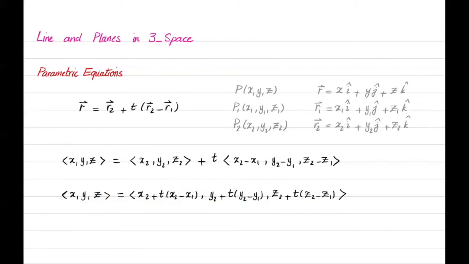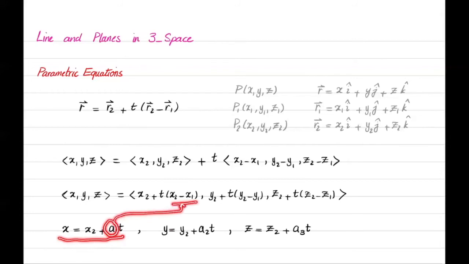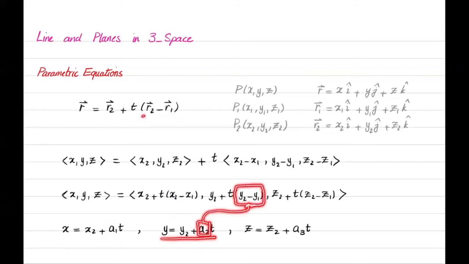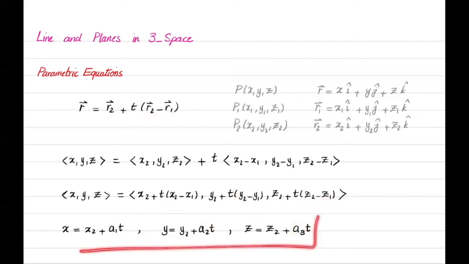By equating the components, we will have x equals x2 plus a1t, where a1 is the first component of vector A, where vector A was R2 minus R1. Then y will be equal to y2 plus a2 times t, where a2 is the second component of vector A, and z is equal to z2 plus a3t, where a3 is the third component of the vector A. These equations are called parametric equations for the line through P1 and P2.